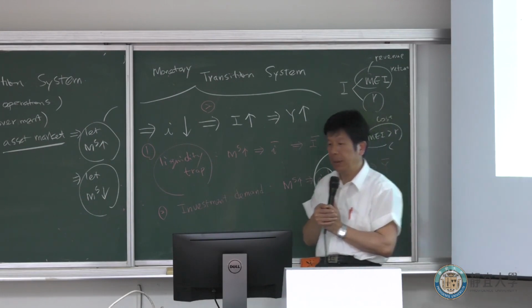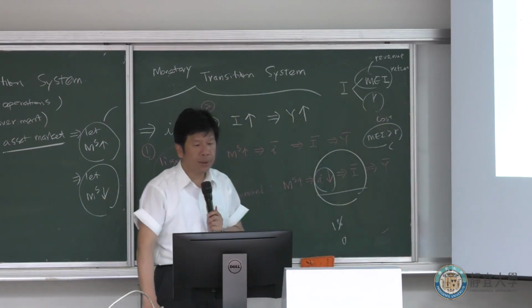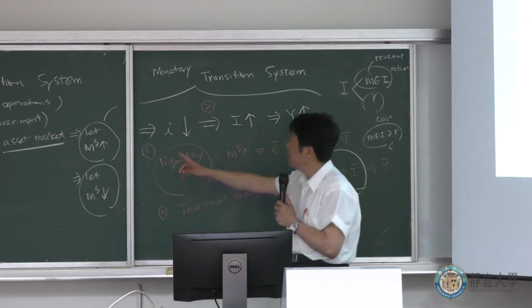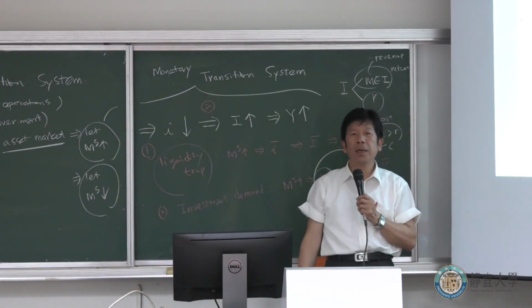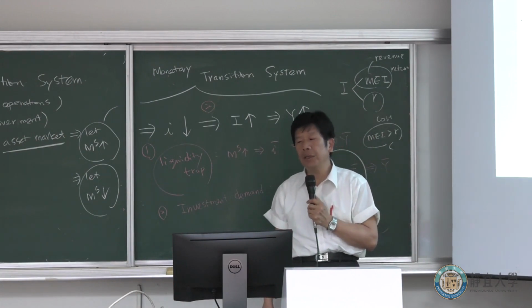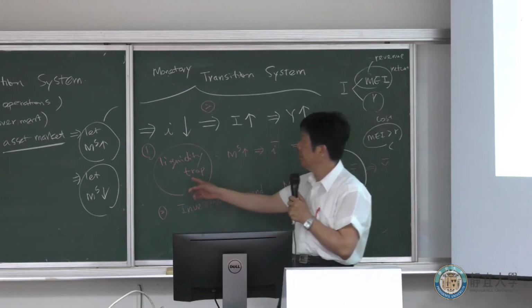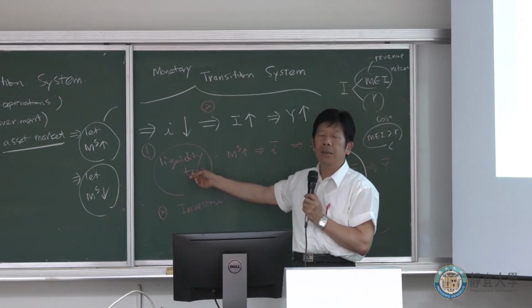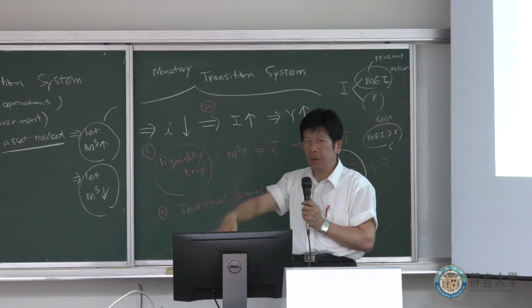Here you can see that from step 1 to step 2 there is some trouble. It is the liquidity trap. Do you know the liquidity trap? It means the interest rate is quite low.